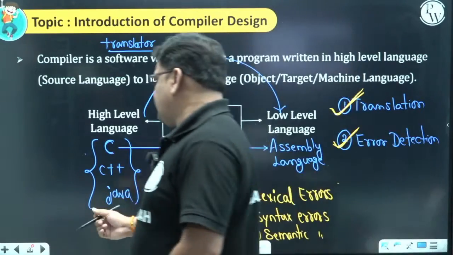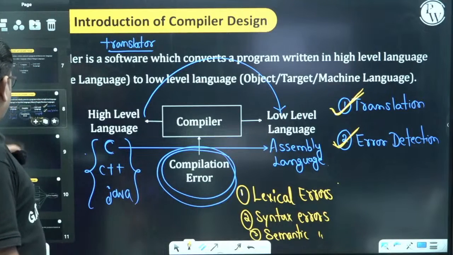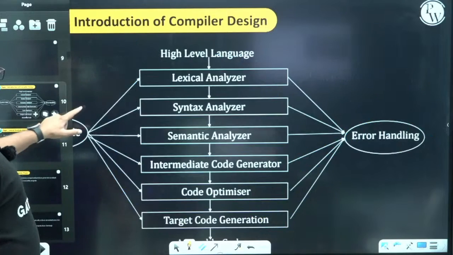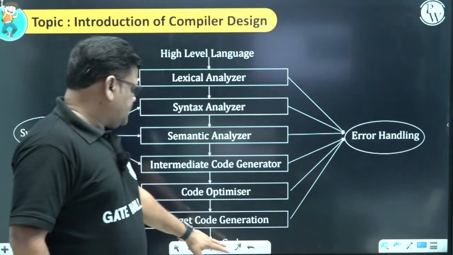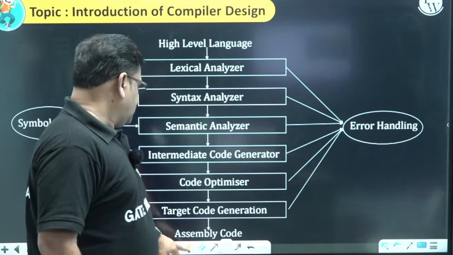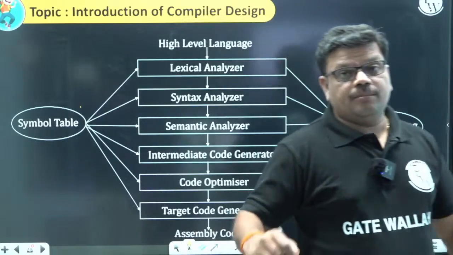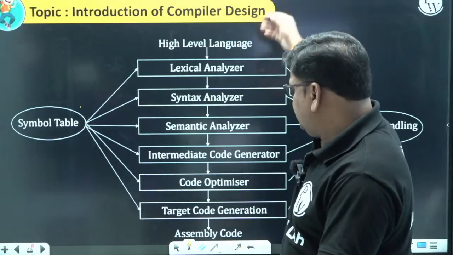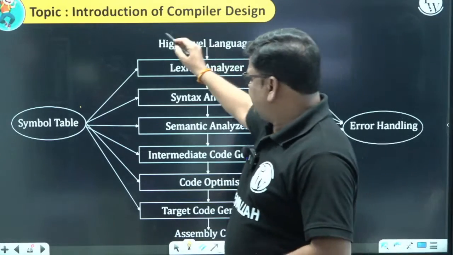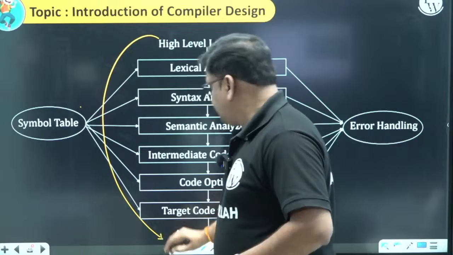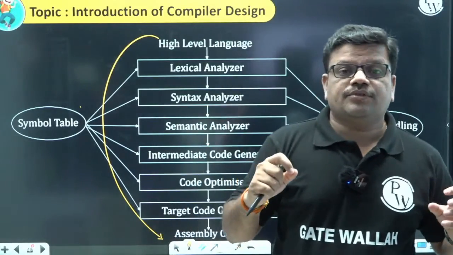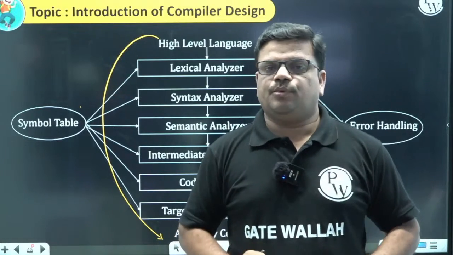The total structure of the compiler, if you observe, looks like this. It seems the task is the same, translation, but this translation process will not be carried out by a single program. It is carried out by multiple programs. Now this is our whole compiler. It is software translating high level language to assembly language, the same software, but this translation and error detection process is carried out by multiple subprograms.